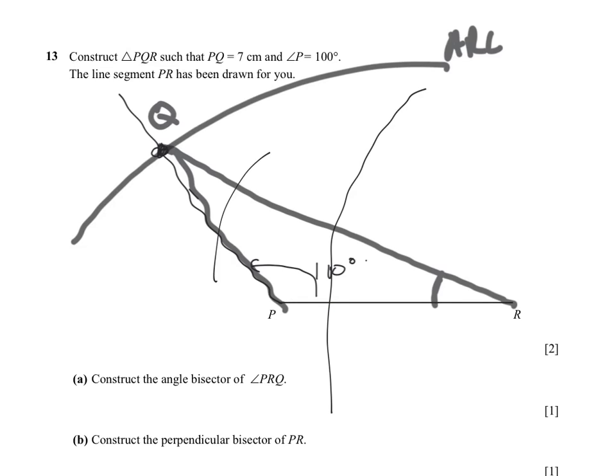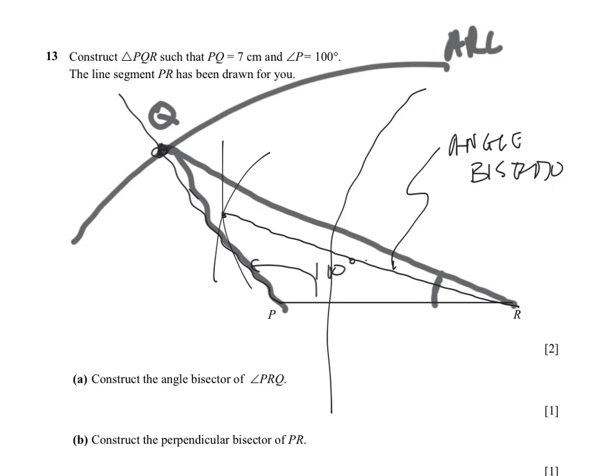Then place it over here, the top, and draw another arc. Then with this cross over here, you draw a line down, and this line is your angle bisector.